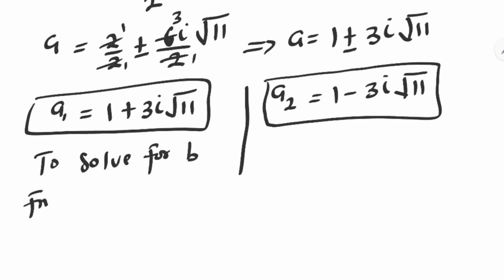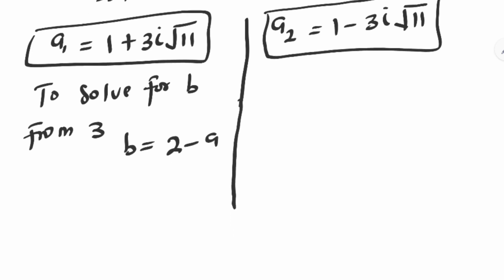from equation 3, B is equal to 2 minus A. B1 is equal to 2 minus A1, which is 1 plus 3i square root of 11.